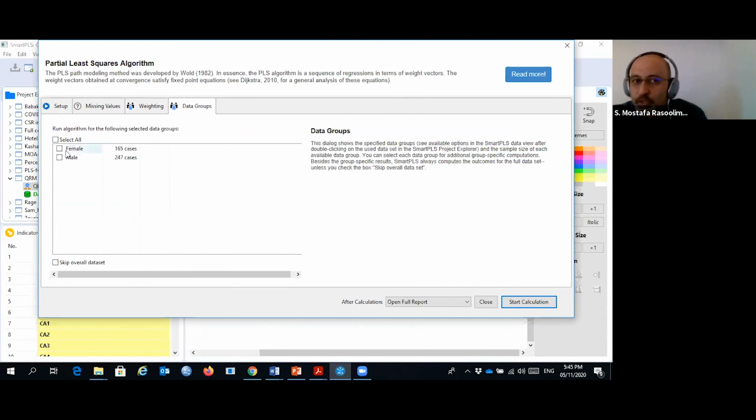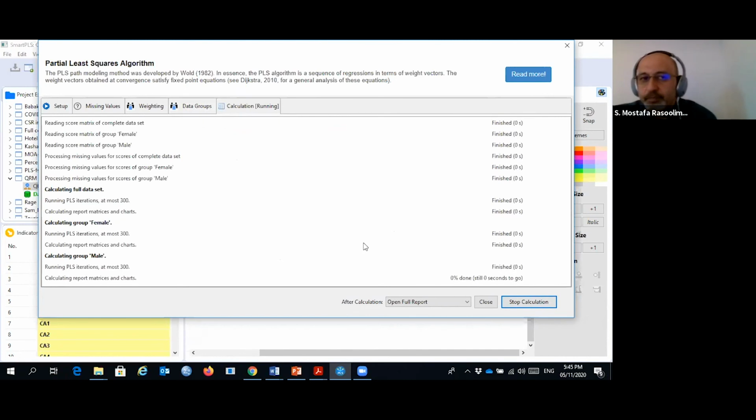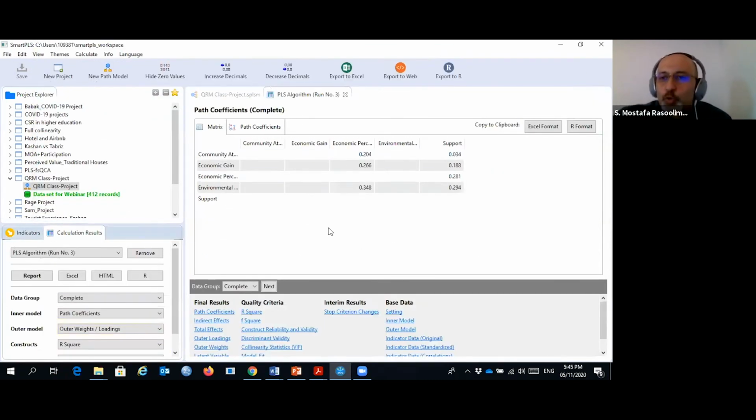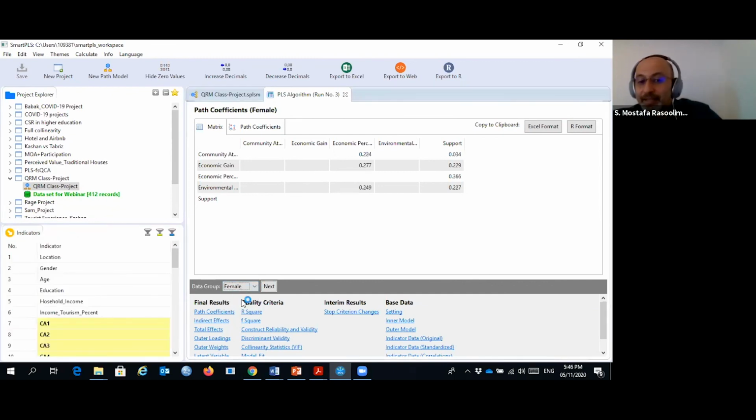If we select all, we have these two groups, and we can start calculation. If we choose these two groups, we will have three sets of results: result for complete data, result for female, and result for male.